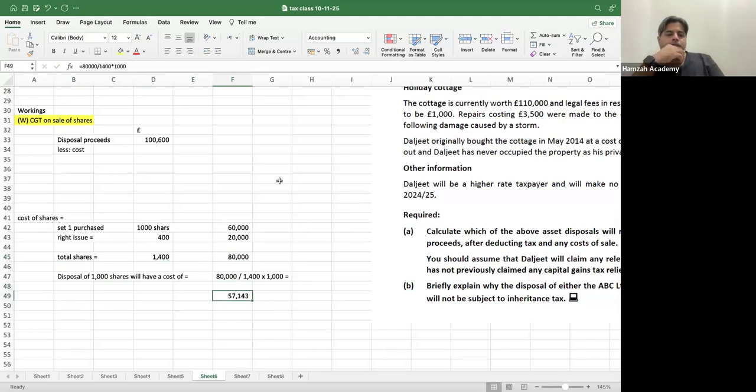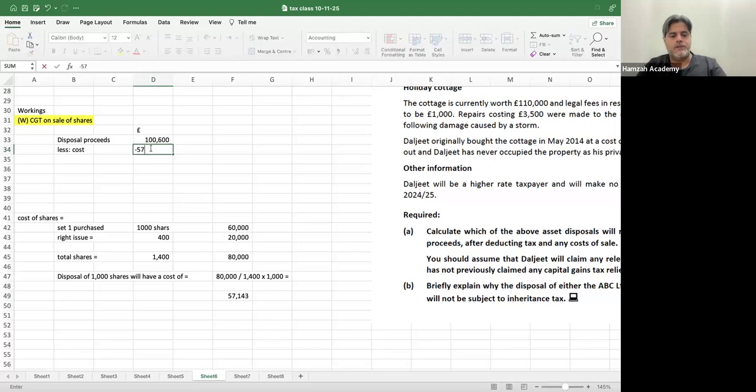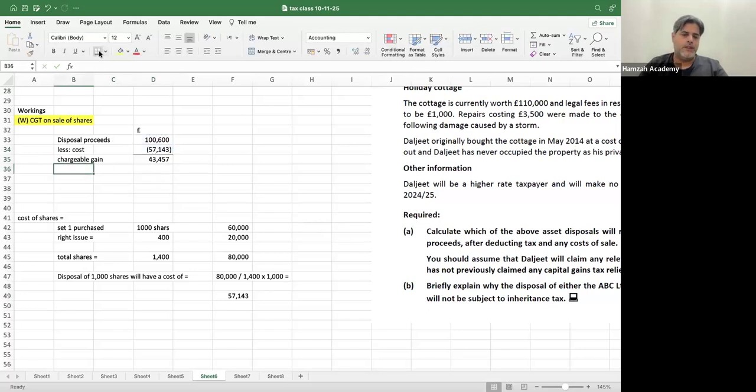So 57,143 is going to be my cost. My chargeable gain is going to be 43,457.